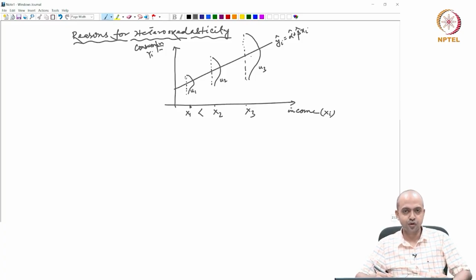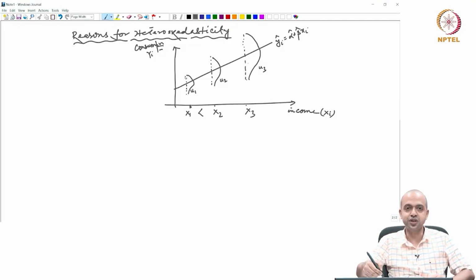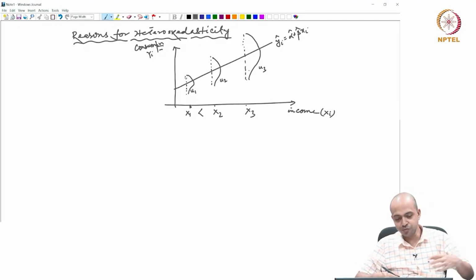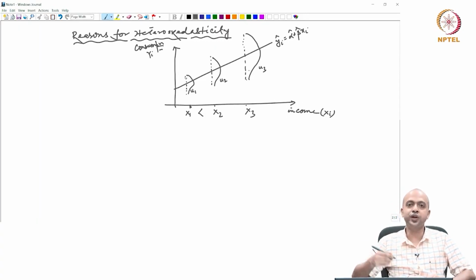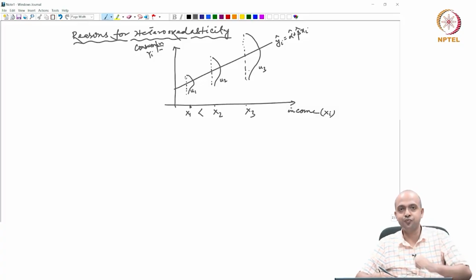So at a higher level of income, consumers enjoy higher degrees of freedom to select from different consumption bundles, and as a result high income people become less predictable, and that is why this much error variance. That is why, when estimating this type of consumption function, it would be highly unrealistic to assume that your error variance would be constant at different levels of income.